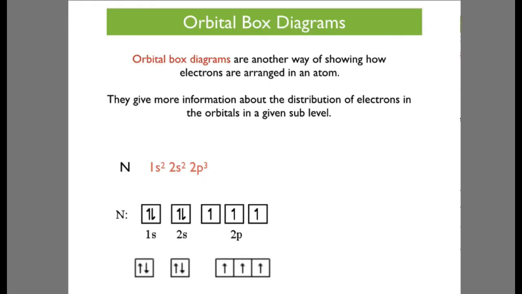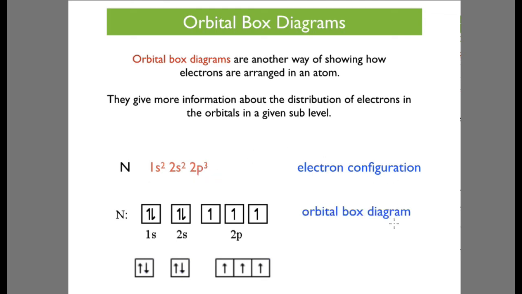Orbital box diagrams are another way of showing how electrons are arranged in an atom. They give more information about the distribution of electrons in the orbitals in a given sublevel. The electron configuration here tells us that it's 2 electrons in 1s, 2 electrons in 2s, and 3 electrons in 2p.